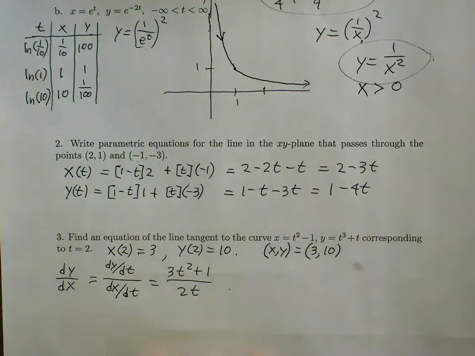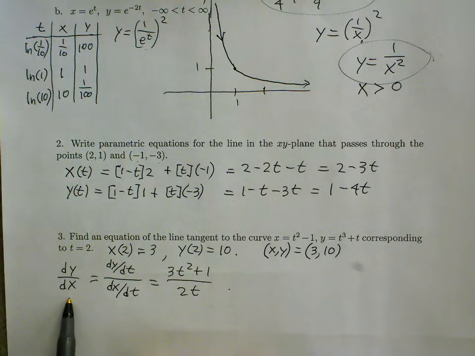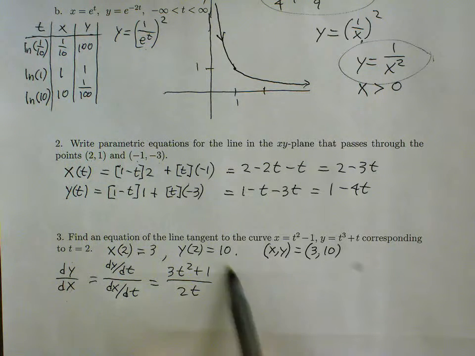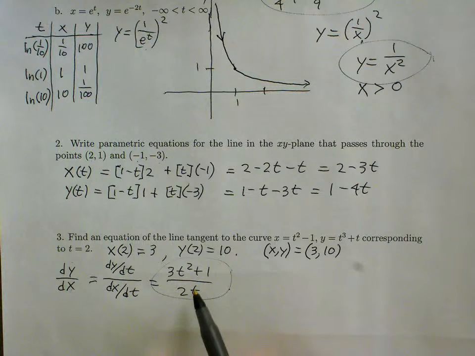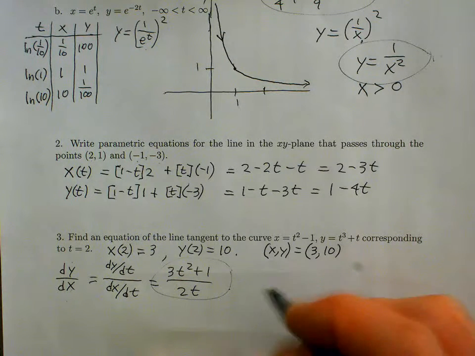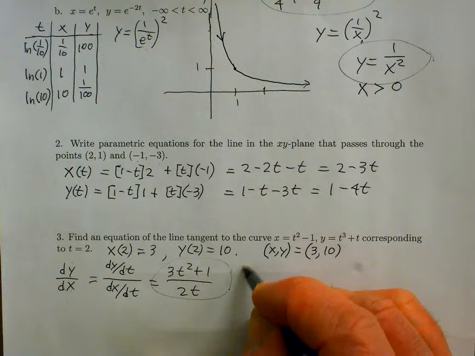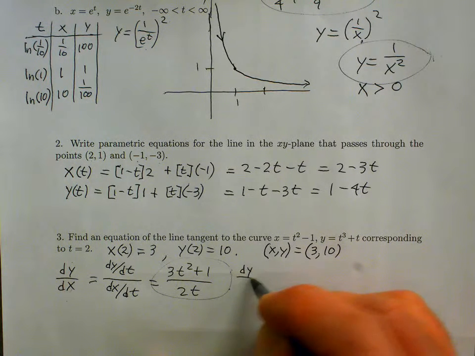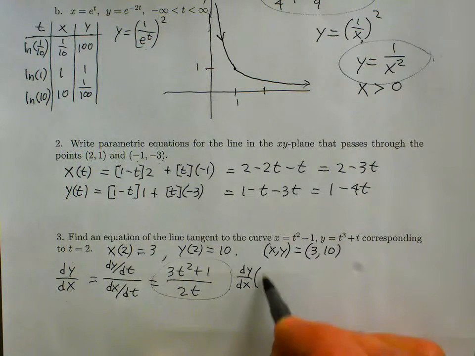And then the derivative of y with respect to x is a function of t. And we want to know what that value is when t equals 2. So this might seem a little weird, but I'm going to write dy/dx as a function of t, and we want to evaluate this when t equals 2.